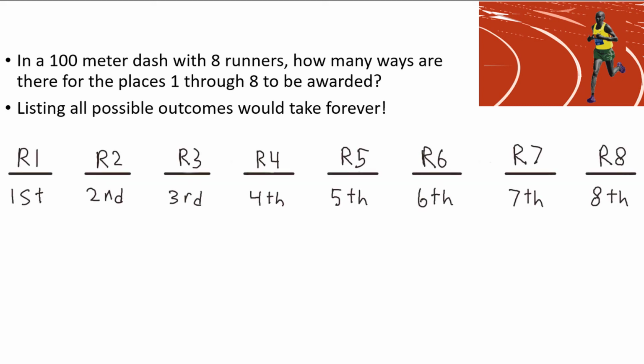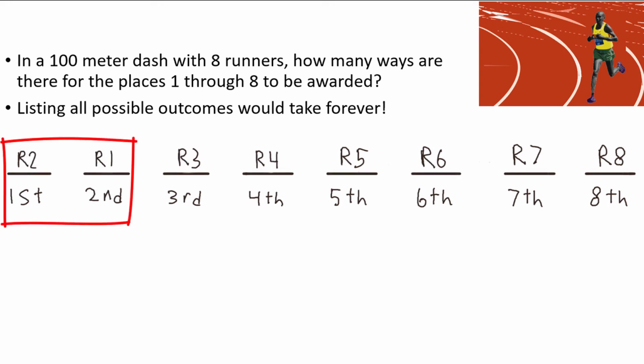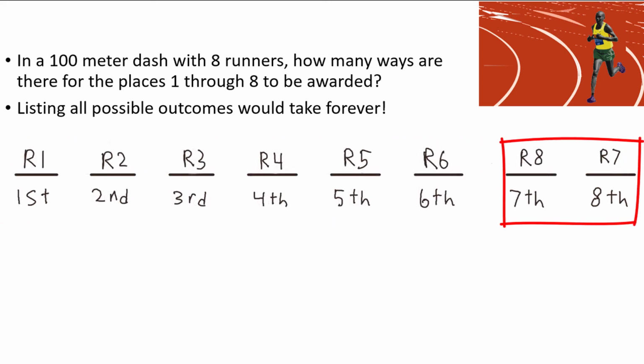One outcome could include the runner in lane 1, or R1, placing first, the runner in lane 2, or R2, placing second, all the way through R8 in last. Or we could have the exact same outcome, except that R2 comes in first and R1 comes in second. Or R7 comes in last and R8 comes in second to last. You can start to see how difficult it would be to list all of the outcomes.